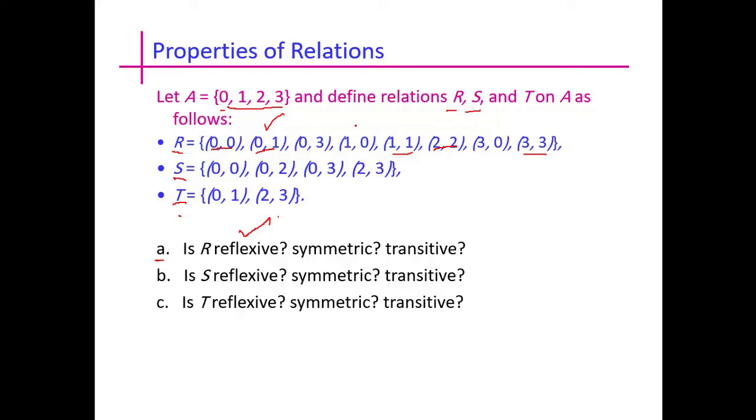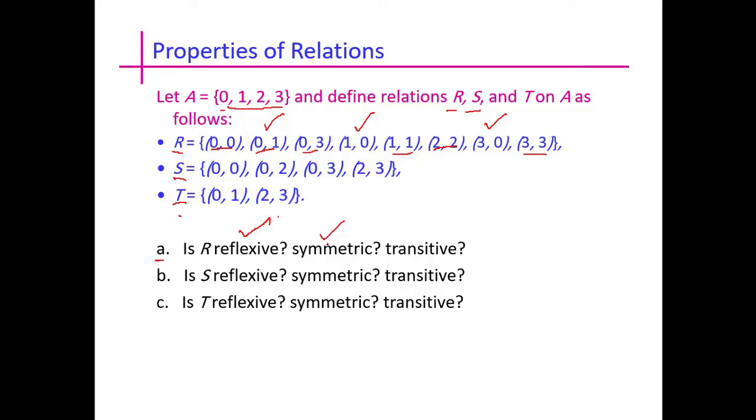So here is (1,0). For this pair in the relation, (1,0) is also present. Now we check (0,3), and for (0,3) we see that there is (3,0). The rest of the elements are related to themselves, so there is no need to check them. So it is also symmetric.